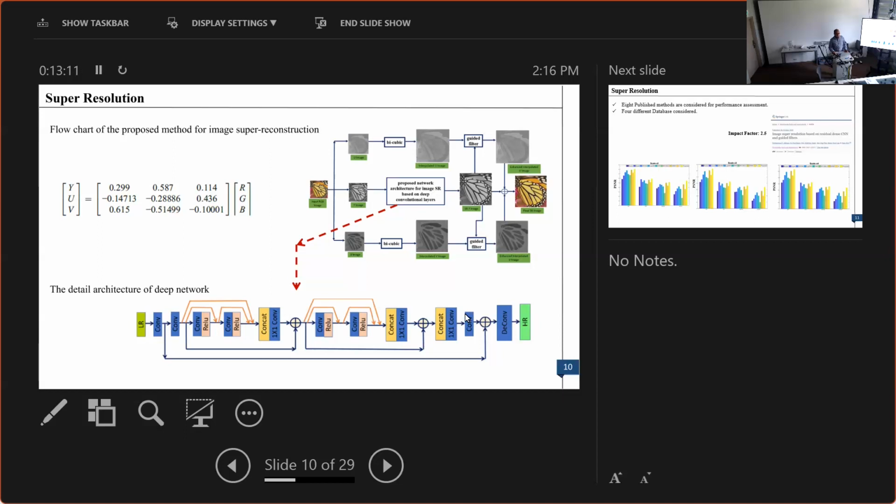I proposed these steps, and I utilized the idea of residual dense blocks to prevent the vanishing point issue. As we know, we have an issue which is vanishing gradients, so we can solve it with the residual dense block algorithm.